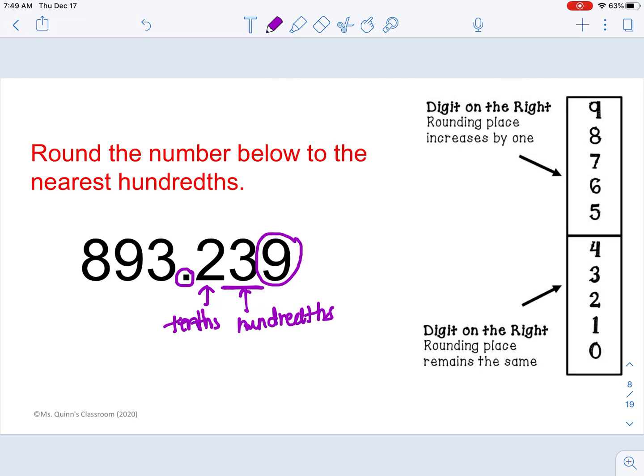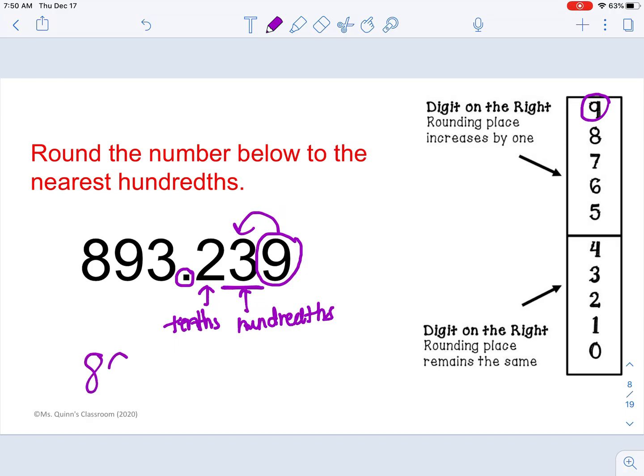Okay, it is a 9. So we will use our chart to decide if it's going to round up or if it's going to stay the same. So a 9 is way up high at the top of the chart. So that means we are going to take the 3 and we are going to round it up to a 4.